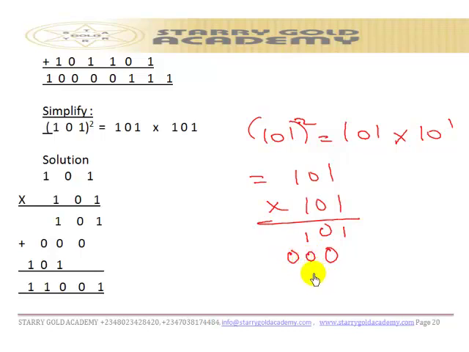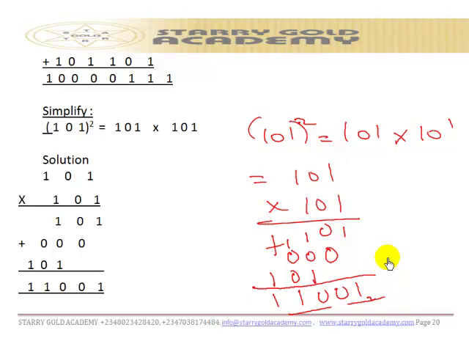Then 1 times 1 is 1, 1 times 0 is 0, 1 times 1 is 1. So we have 101 plus 1010, then you have 11 carried. So you have 11001 base 2.